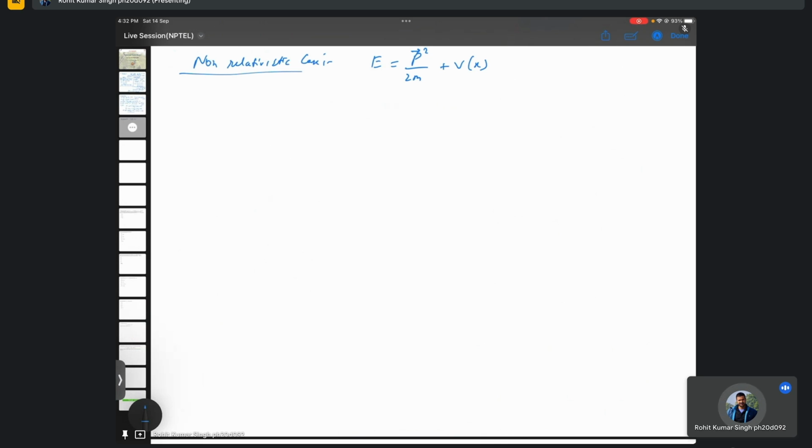We know the operator form of momentum, so we can write this, and we also know the operator form of energy. This is basically what gives you the Schrodinger equation for the non-relativistic case.